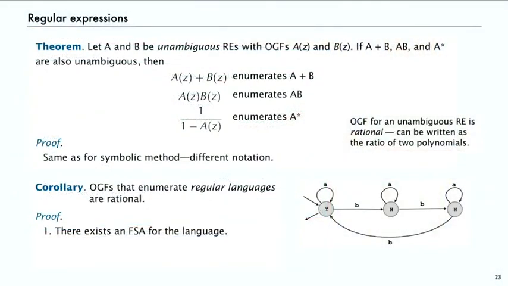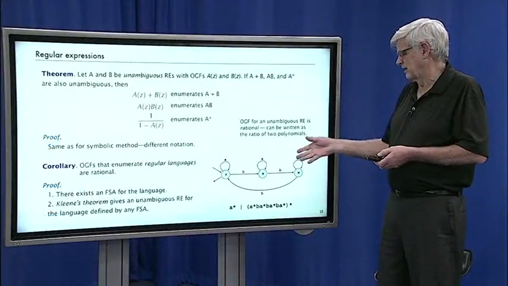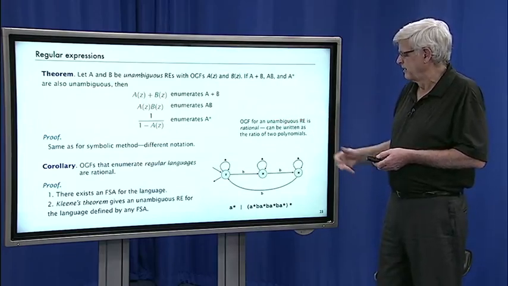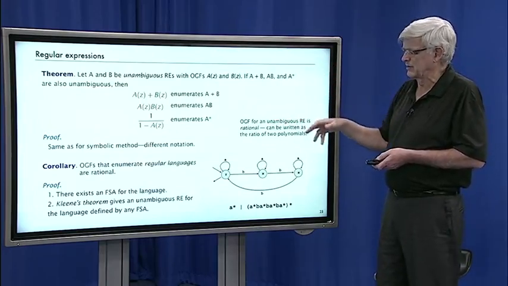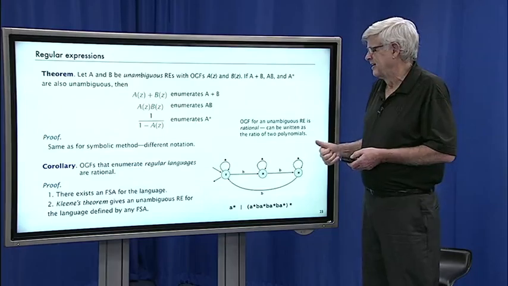One way to define a regular language is that there exists a finite state automaton for the language. Kleene's theorem, if you look at the details, takes a finite state machine and gives a regular expression that is unambiguous. And then if there's an unambiguous RE, then it's rational.